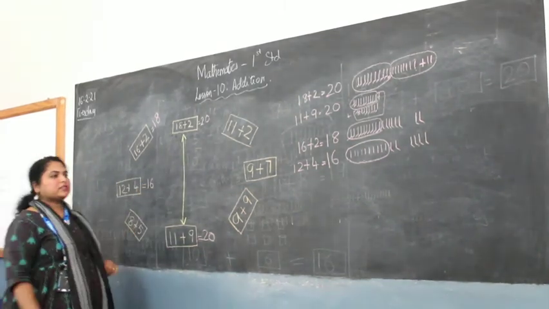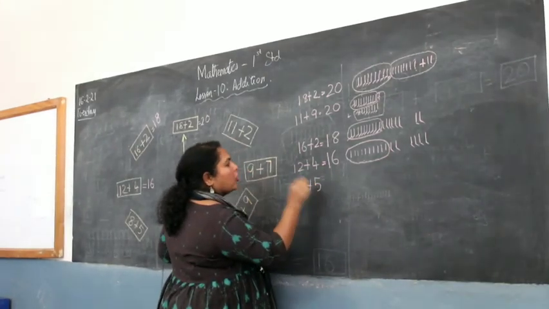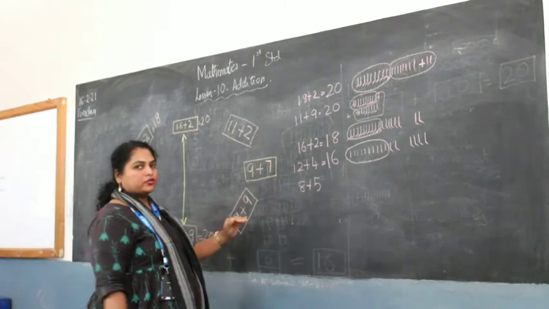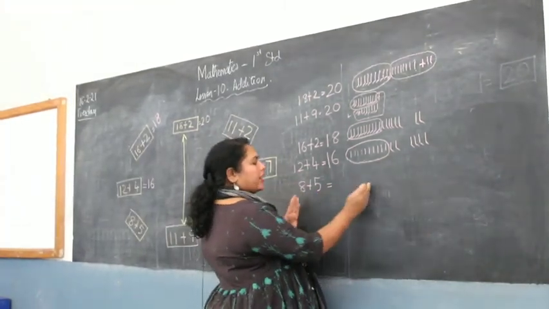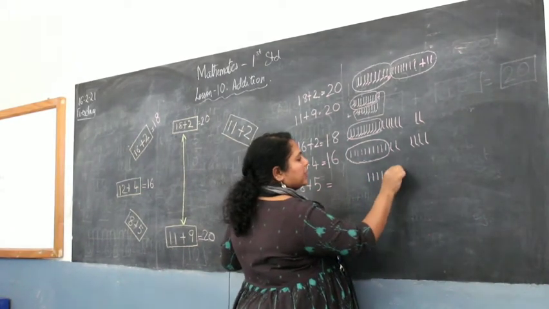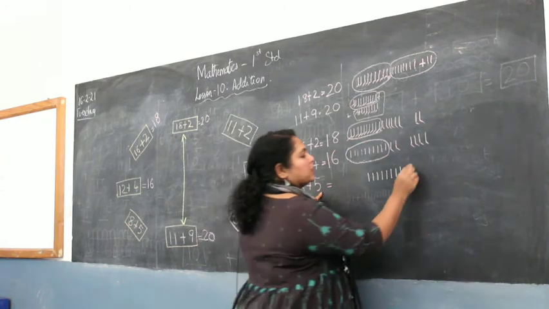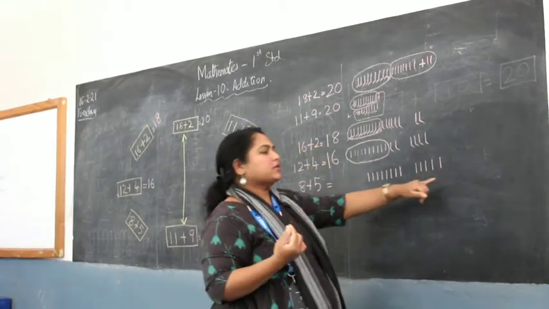Similarly, 8 plus 5. All this you have to do in your classwork just the way I am doing. Equals, let's draw 8 sticks. 1, 2, 3, 4, 5, 6, 7, 8 plus 5. 1, 2, 3, 4, 5. Okay, 8 plus 5.